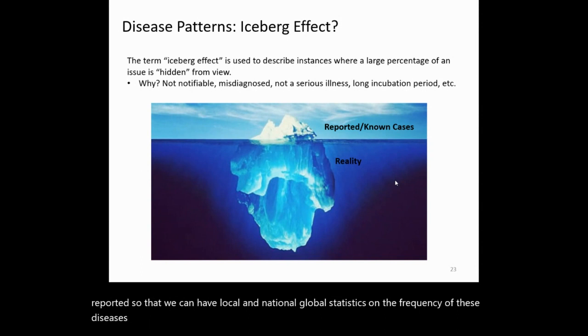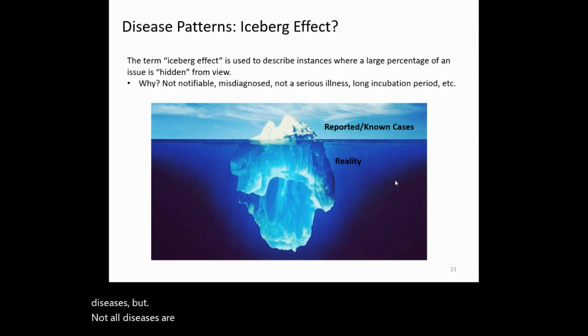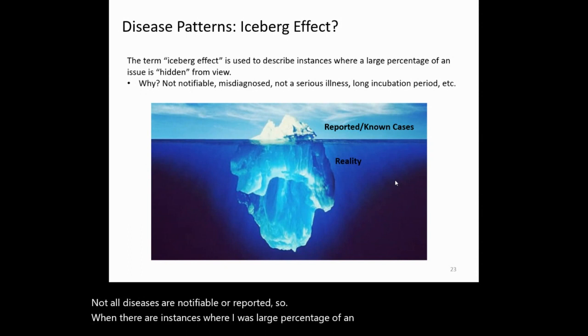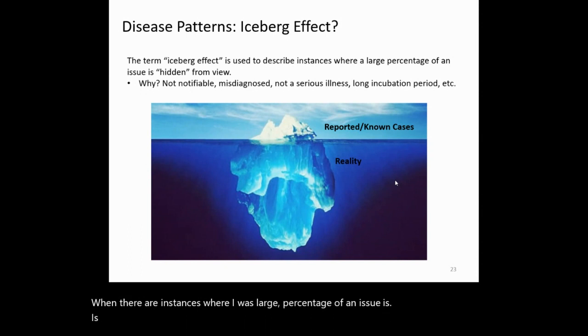But not all diseases are notifiable or reported. So when there are instances where a large percentage of an issue is not notified, making it hidden from view, then we refer to that as the iceberg effect.